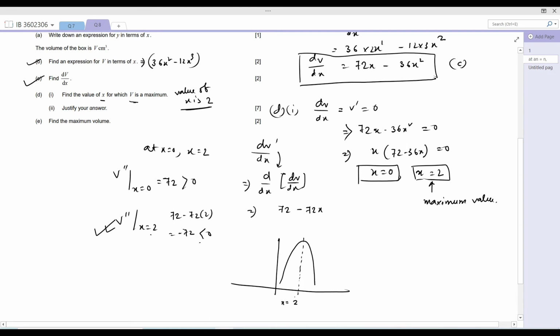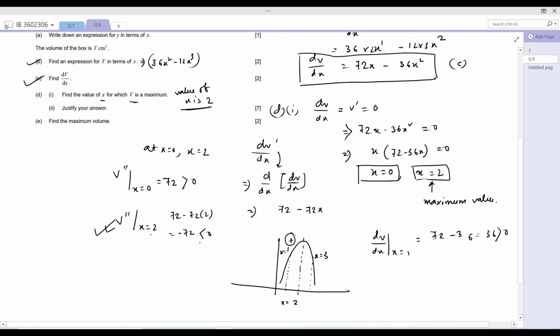Now I take two points, x equals 1 and x equals 3, and find dv/dx at those points. dv/dx is 72x minus 36x square. At x equals 1, it is 72 minus 36, which is 36, greater than 0, so we have a positive slope.